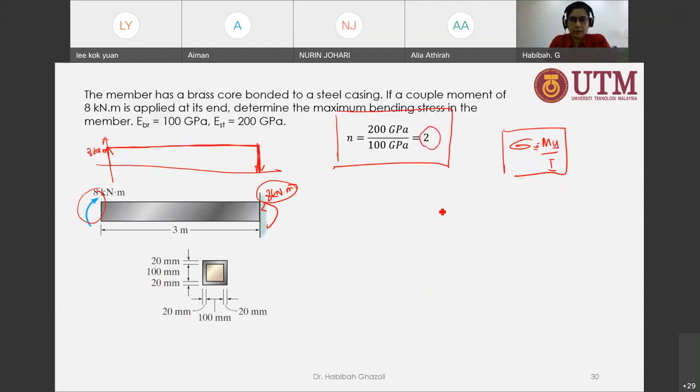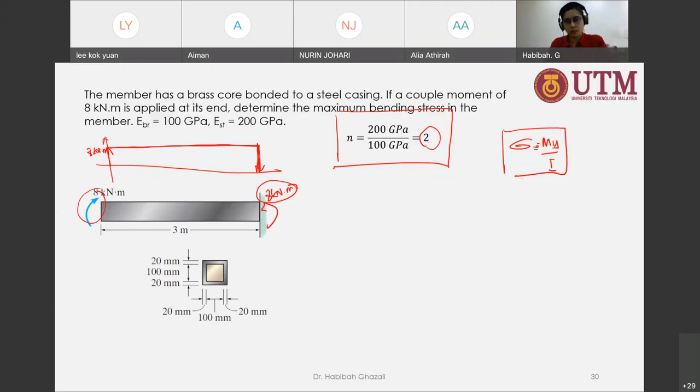So as I have explained on Friday, what this 2 means is that the steel is twice as stiff as compared to brass. So if we want to transform steel to brass, we need twice as much material. So that is what this means. So what will I do? For this case, I will transform this to brass.